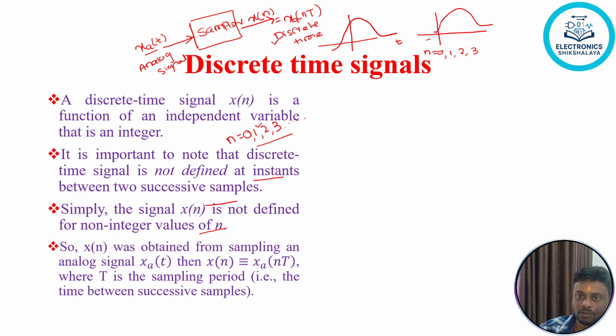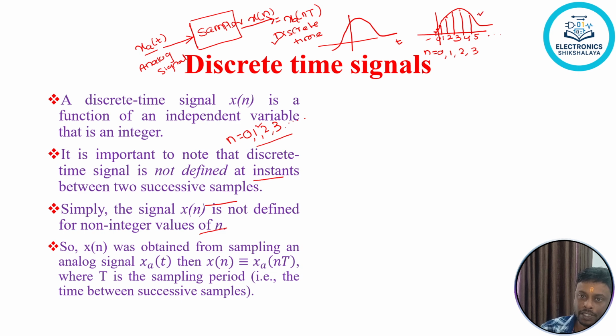Suppose n equal to minus 1, then n equal to 0, then n equal to 1, then n equal to 2, then n equal to 3, likewise. So we are taking the integer values of n, and n equal to 5, likewise.